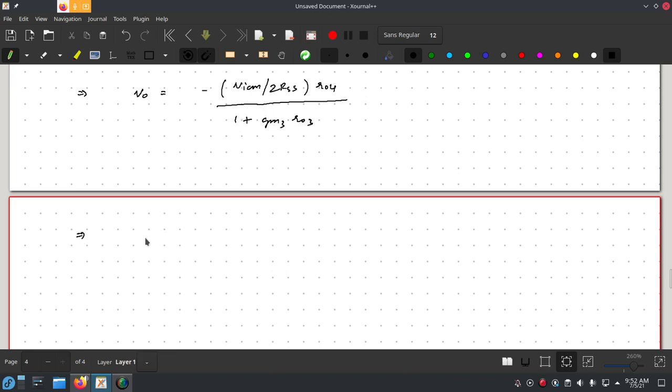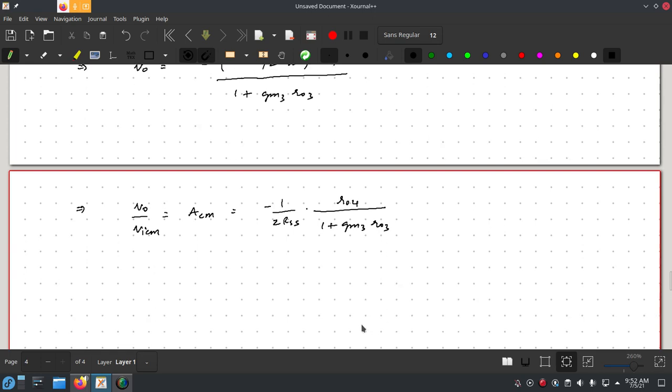Again solve it. So V naught by VICM, which is what we want to find, the common mode gain ACM, is minus 1 by 2 RSS into R04 divided by 1 plus Gm3 R03.